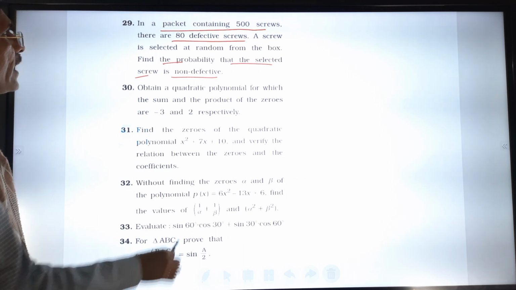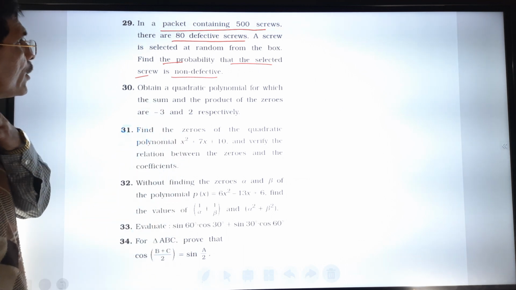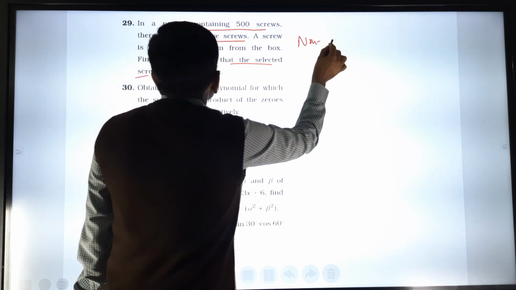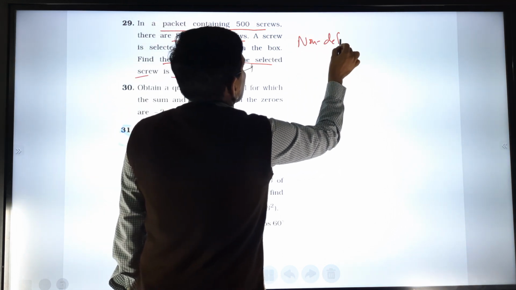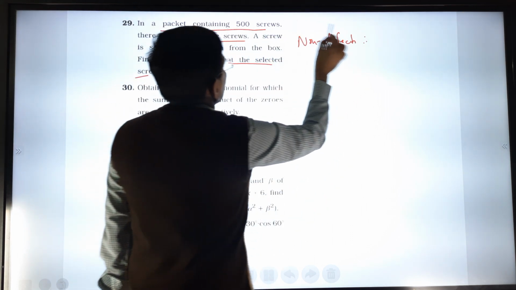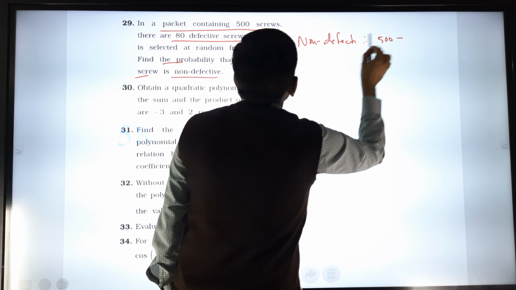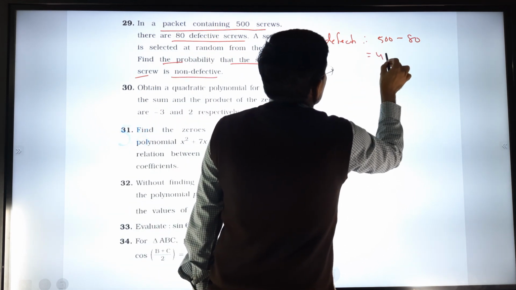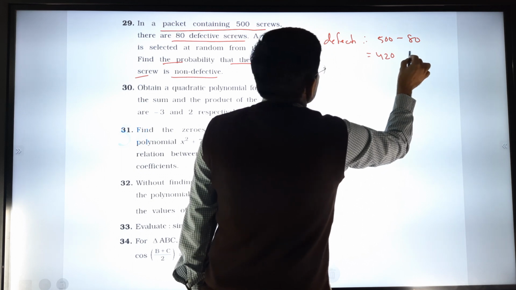So first I have to find out how many are non-defective. Non-defective is equal to 500 screws minus 80, that is 420.